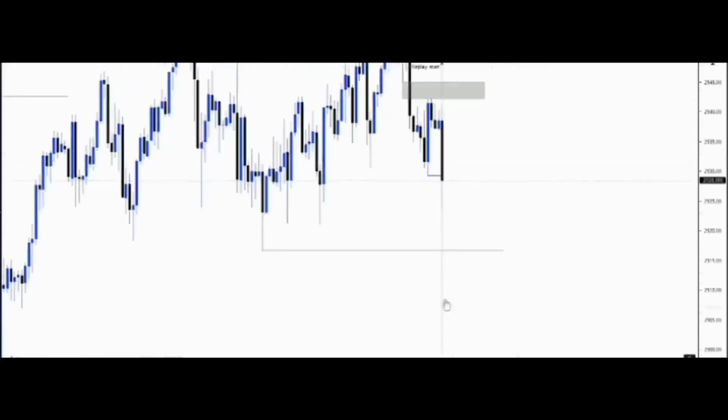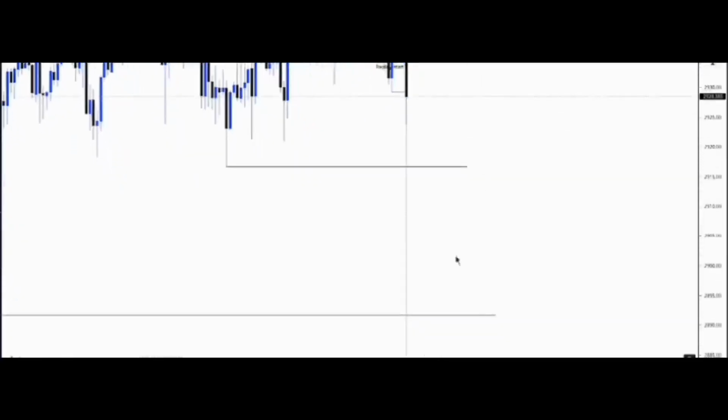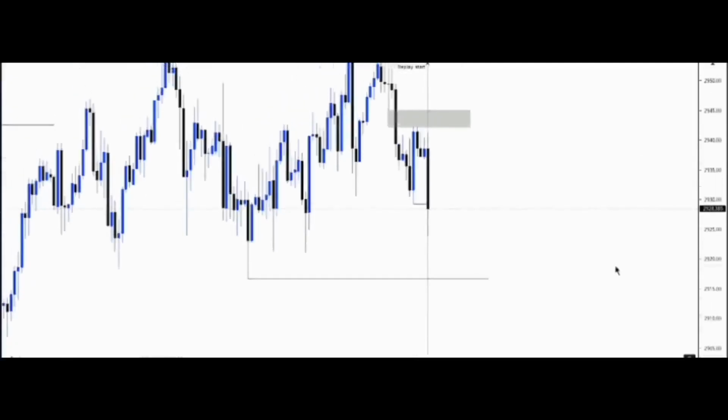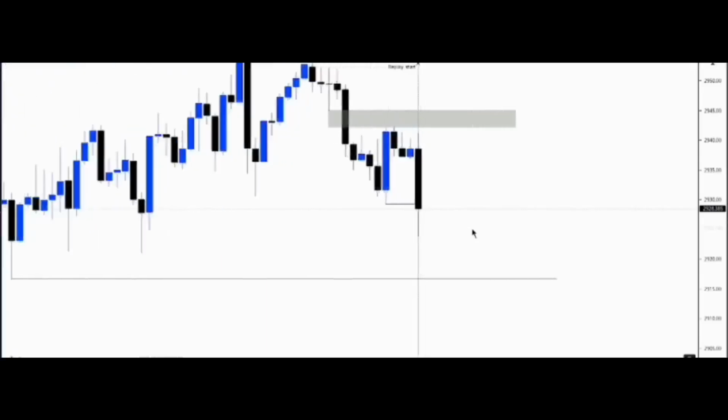Once it takes out this first target with a candle closure, I can move my stop loss to break even and wait for it to come and hit my ultimate target. The choice is yours. You can do it anyhow you want it. Okay? So, let's continue to see what happens here.